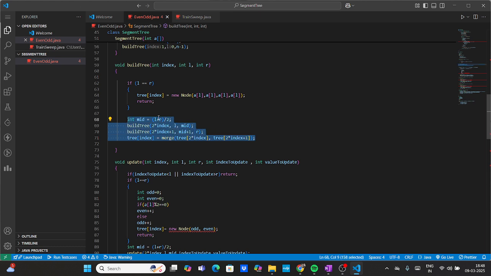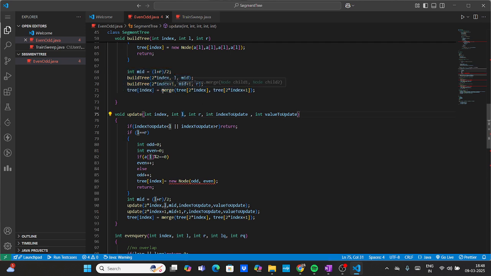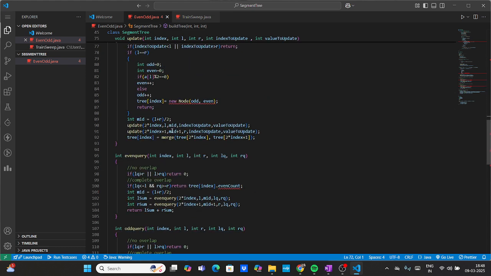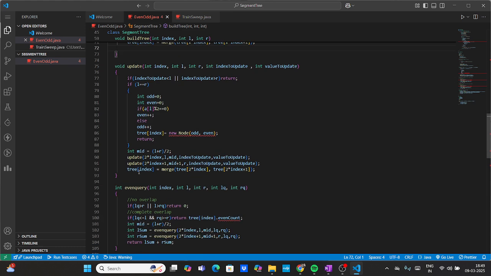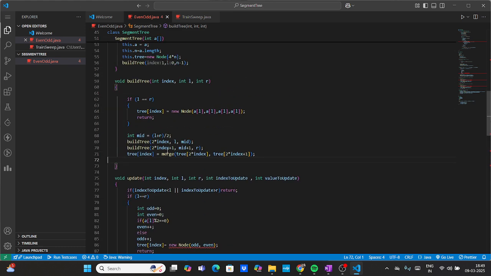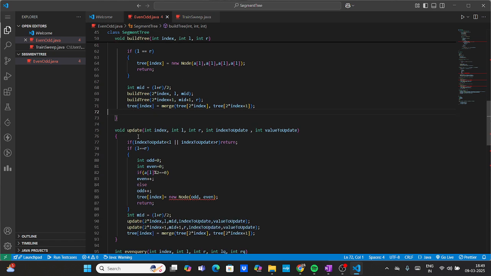The reason I taught you like this is because if you had written the merge logic here, you would have to change this line. But now since this is inside the merge logic, we did not change anything over here. And for reusability also, we are using it in update and build. Correct. Okay, so what's next?